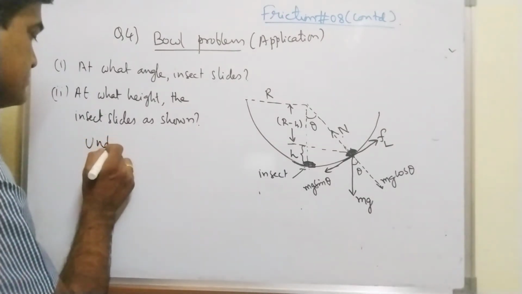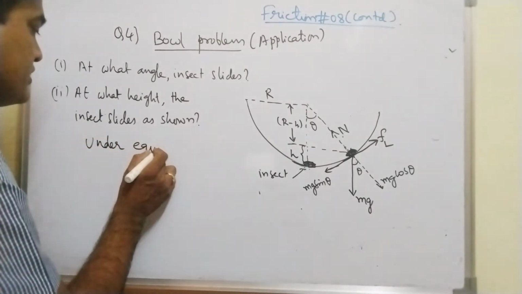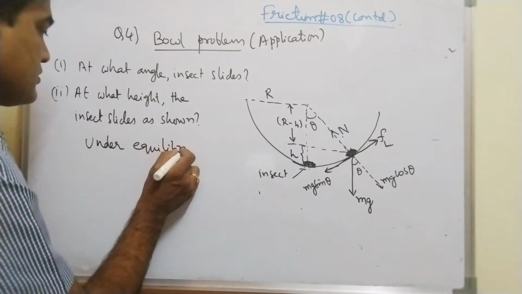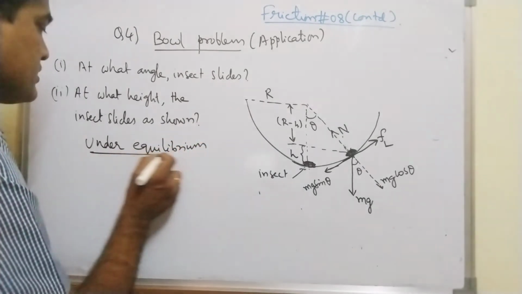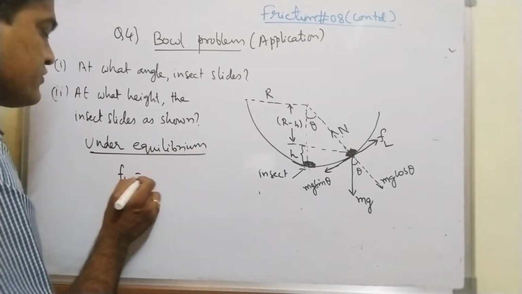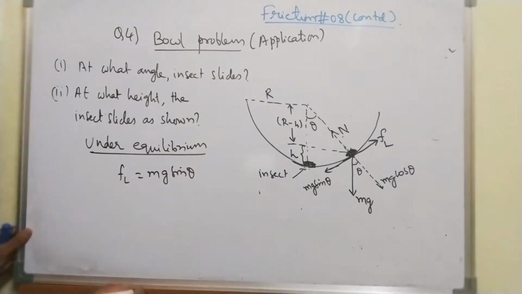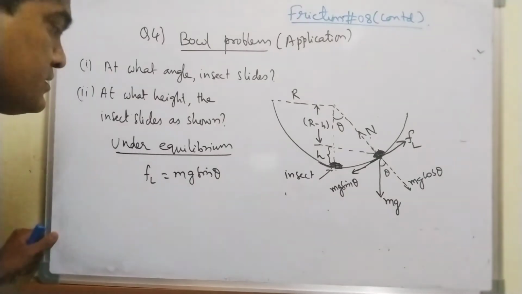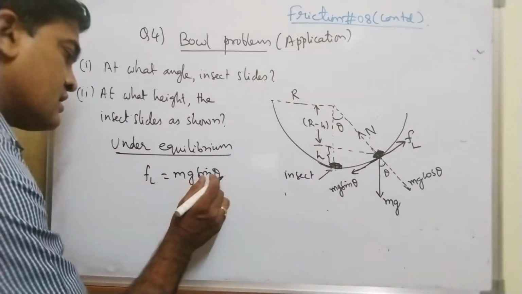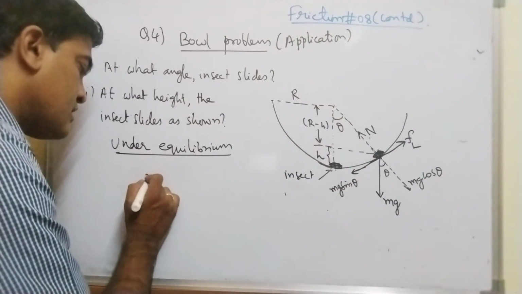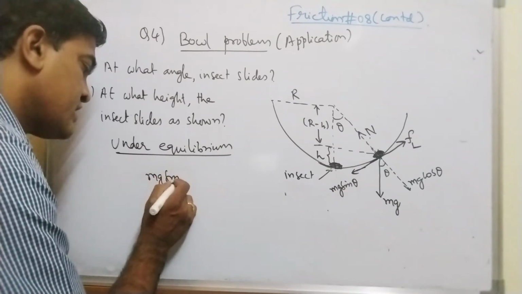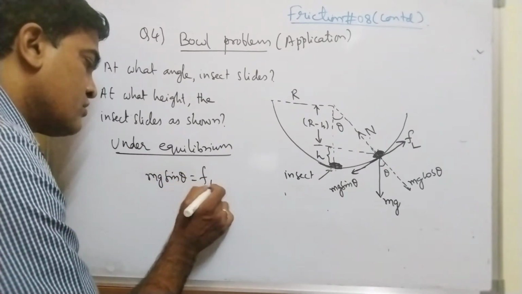Under equilibrium, limiting frictional force is balanced by mg sine theta. Right? Or let me write in the other way, mg sine theta is equal to limiting friction.